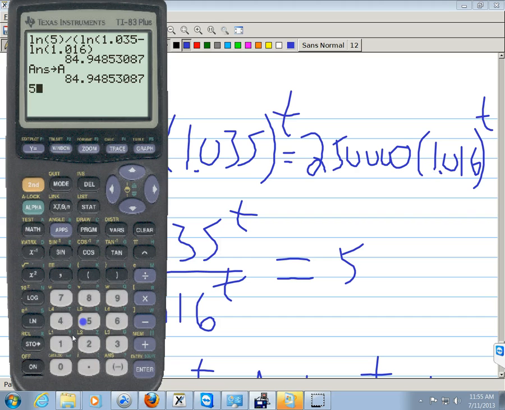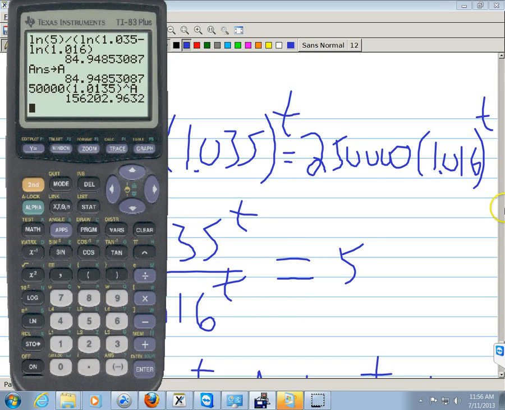Then you do 50,000 times 1.035 to the alpha A. And so the population is, remember that city started with 50,000 people in year 0. Now in year about 85, we're at 156,202 people to the nearest person truncated, right?